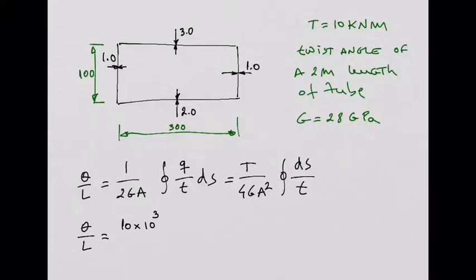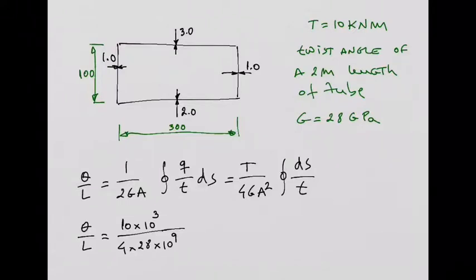So I need to multiply by 10 to the power 3, and I'm working in meters in that case, right? Now G, 28 gigapascal. If I'm working with meters and newtons, I need to work with Pascal. So I need to put here 28 times 10 to the power 9 to convert gigapascal to Pascal, right?